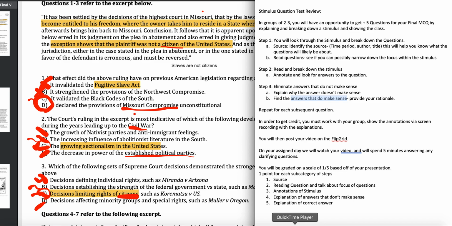Again, you should script this. And then lastly, we're going to be signing up for the different questions, and we're going to do one at the beginning of every class until the end of the semester, okay? And once you do it, you're going to get your points.